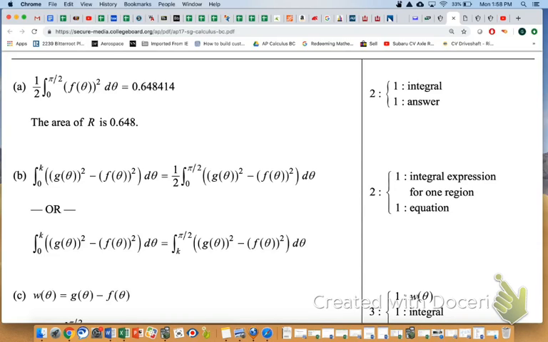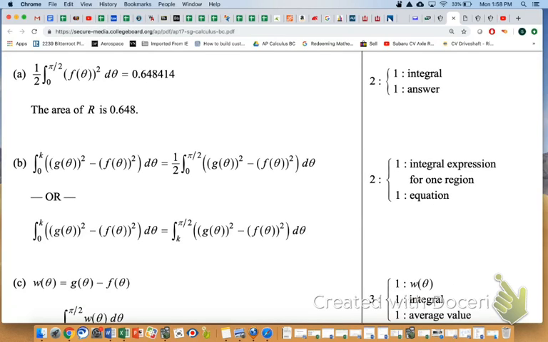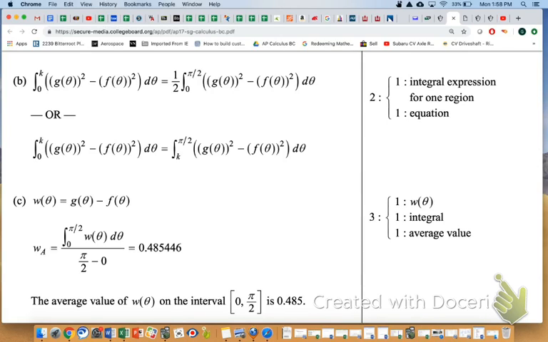Guys, any other questions on A or B? Okay, C and D. You guys have the whole 0 to k thing? Would you have a question on B? Oh, I see what you're saying. So there's C. C, the answer ends up being 0.485. There's a lot of steps leading up to that, so I certainly want to consider.